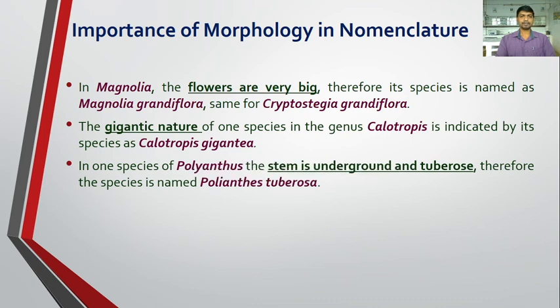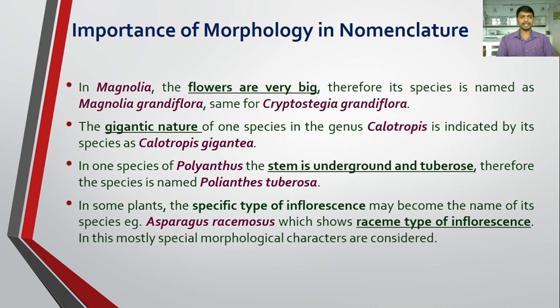In one species of Polianthes, the stem is underground and tuberose. Therefore, the species is named Polianthes tuberosa, because the stem is underground and tuberose. In some plants, the specific type of inflorescence may become the name of its species.